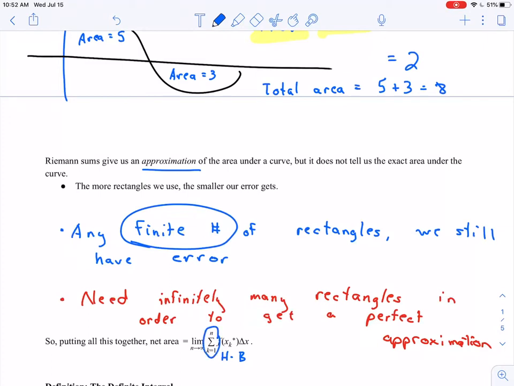This funky looking symbol right here is called sigma notation. We didn't really have a chance to get into sigma notation in the last section, but essentially sigma notation is a way to show a summation in a very small, compact way.